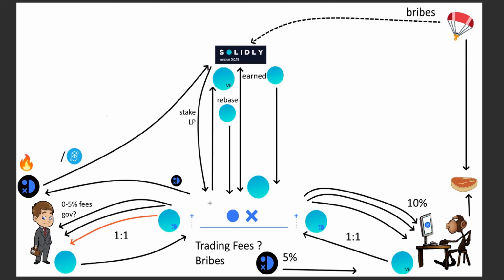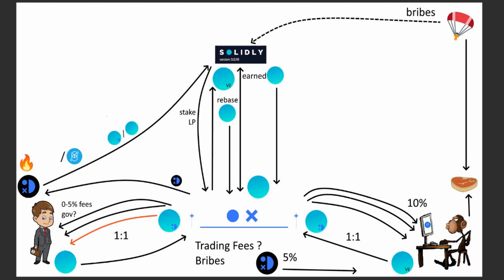And because you do that, you're going to get rewarded in Xerox DAO tokens. Now, why? Because these guys have LPs that are staked here, and those LPs are earning solid rewards, but they don't want to give solid. So instead, they're going to give you XD tokens. Okay.